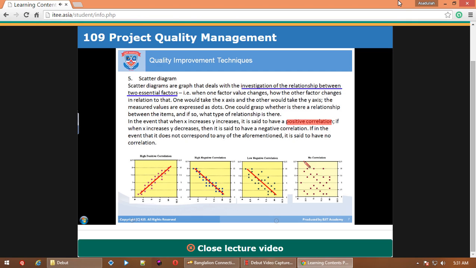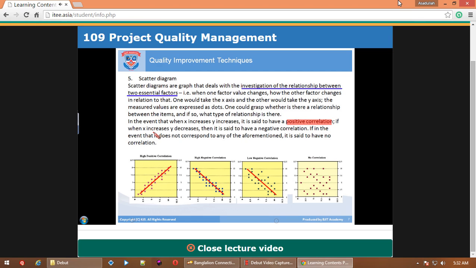In particular, in this case, there is no correlation between the x factor and y factor, so we call it no correlation. So if x increases, y increases, we say this is a positive correlation.